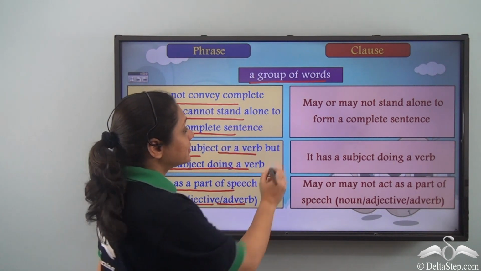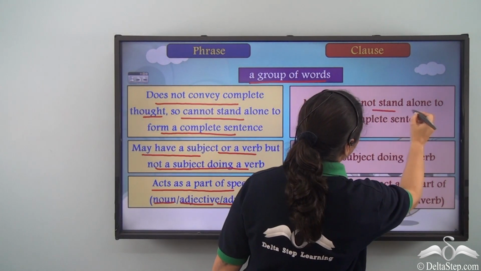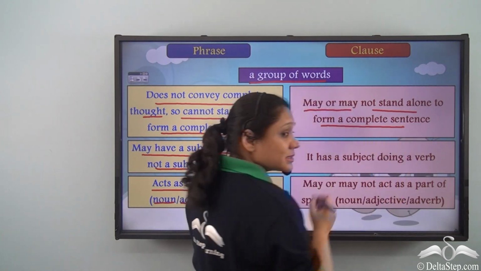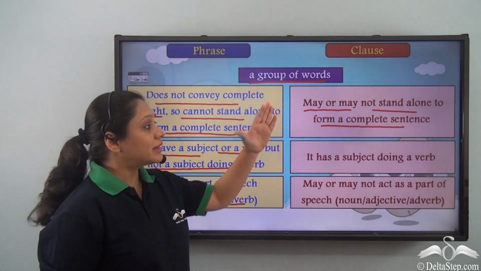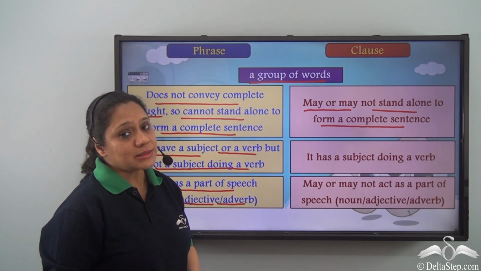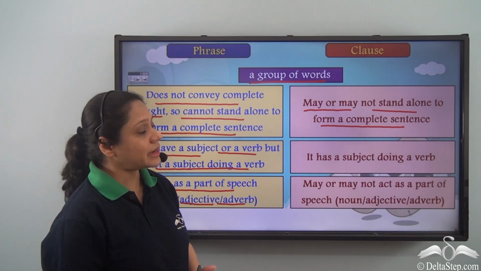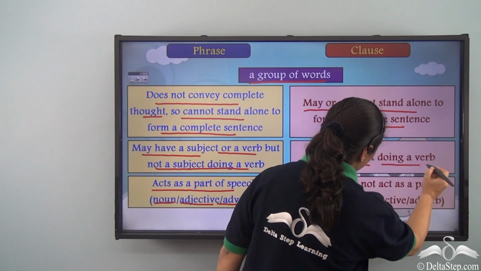Whereas a clause may or may not stand alone to form a complete sentence. When it conveys a complete thought, then it can stand alone as a complete sentence. Otherwise, it cannot stand as a sentence. It has a subject doing a verb.